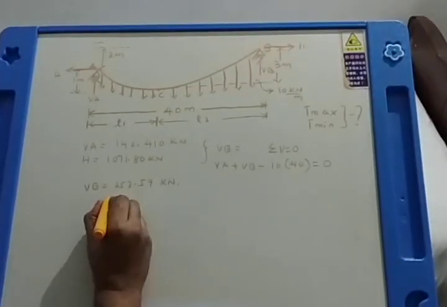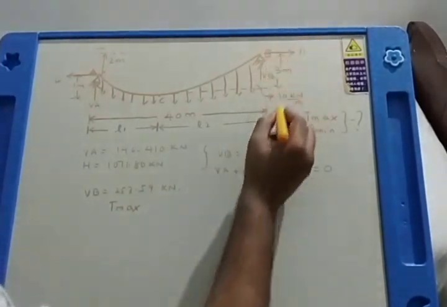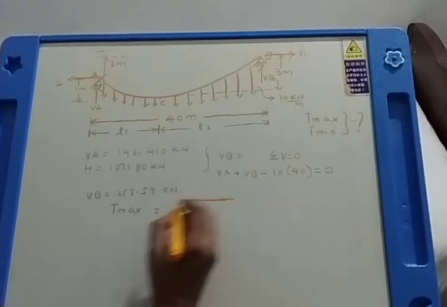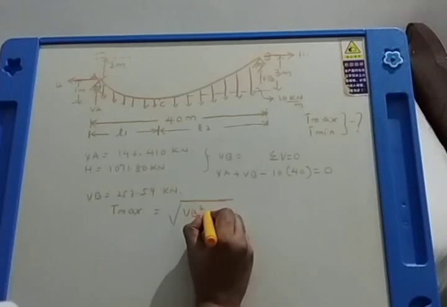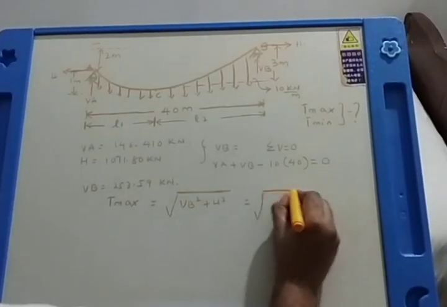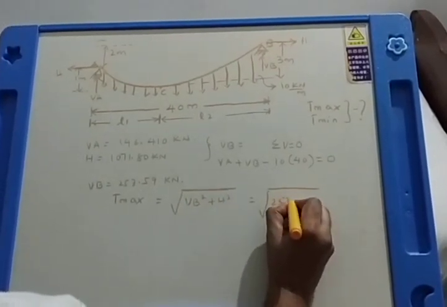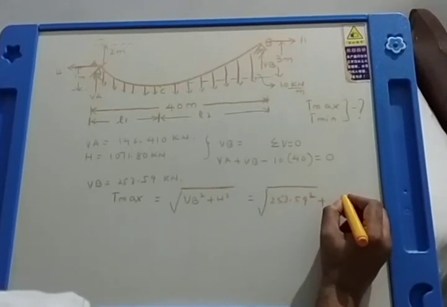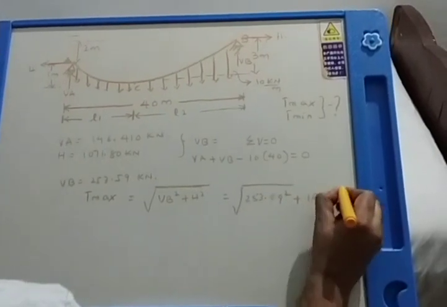Now we need to find out Tmax. Maximum tension naturally is going to occur at B because the reaction at B is more. So Tmax will be equal to root of the same formula, VB square plus H square, which is equal to root of 253.59 square plus 1071.80 square.